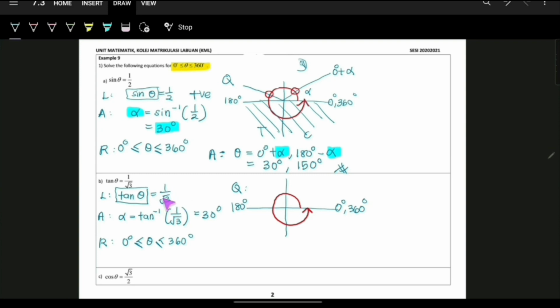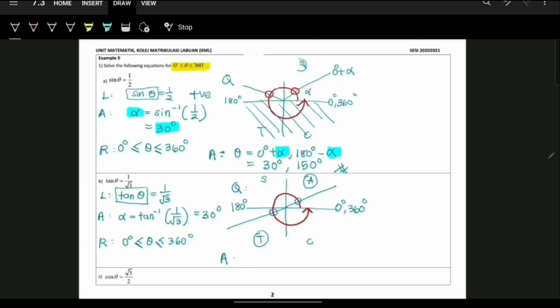This value is positive. So all sines teacher cute. So it's positive here and it's positive here. So we have this and this. Okay, ignore here. So we have the first dot and the second dot. You will get your two answers too.